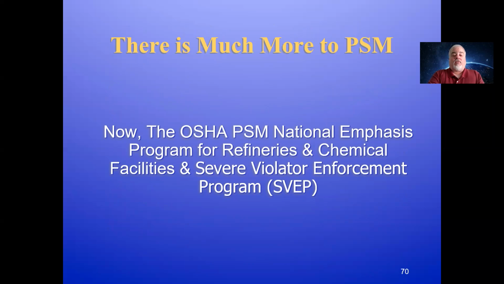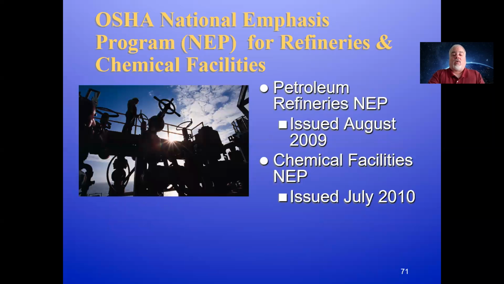Severe violator enforcement program. Again, there is a program for severe violators. A lot of people think that this program has been somewhat ineffective, that large companies have basically laughed at it and haven't followed it. So what if they fine me a little bit?